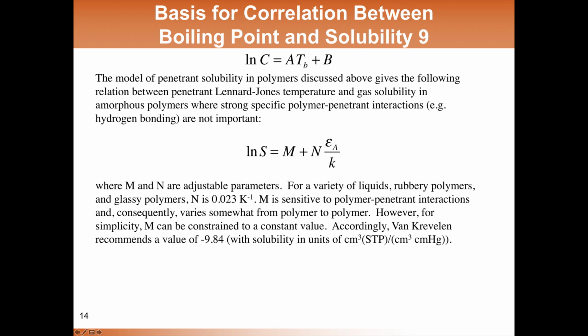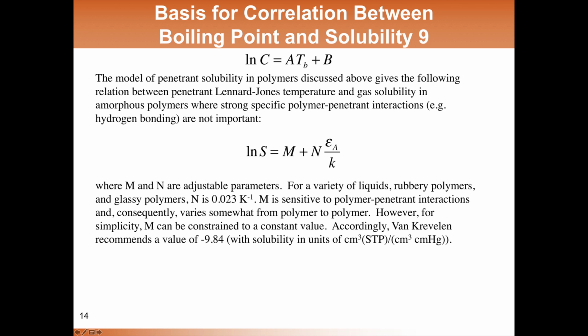And it turns out that these constants, A and B, although empirical, have values that are quite similar for many different materials, particularly the coefficient that multiplies the boiling point, or if we choose to recast this equation in terms of the Lennard-Jones well depth, the parameter N. For many liquids, rubbery and glassy polymers, N has almost a universal value of 0.023 reciprocal Kelvin.